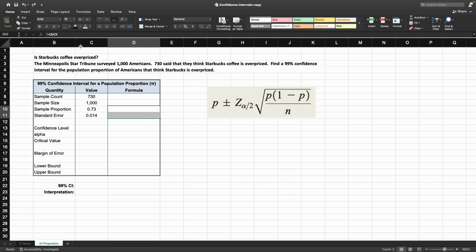Oops, not what I wanted. And now we have our point estimate and our standard error. We've got this piece and we've got this piece.